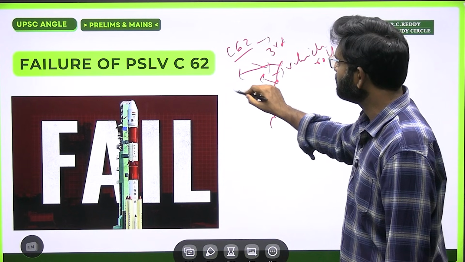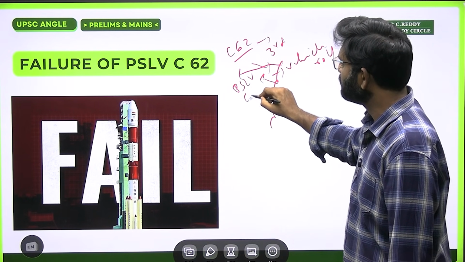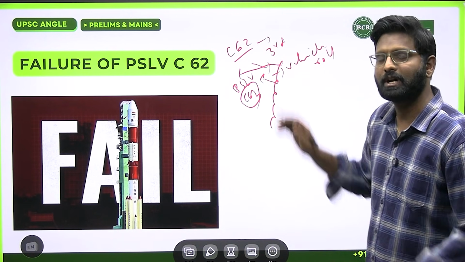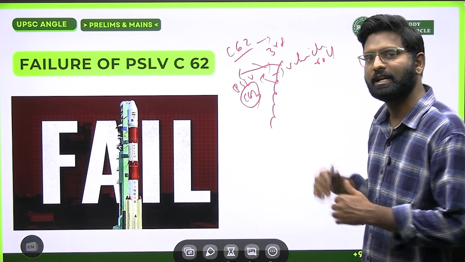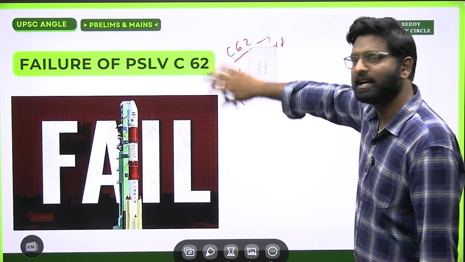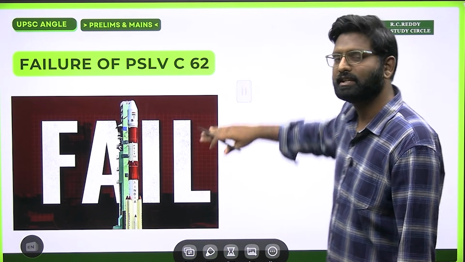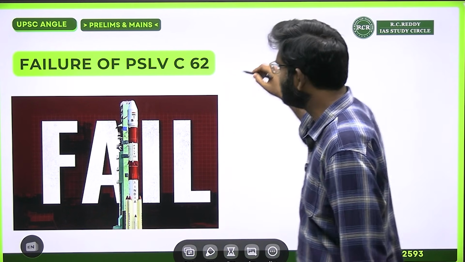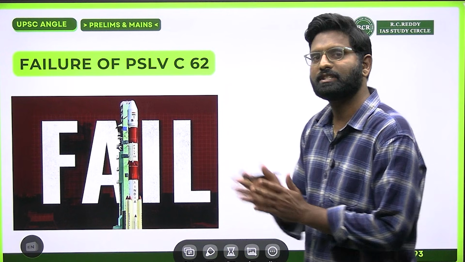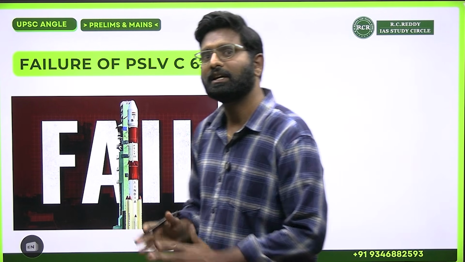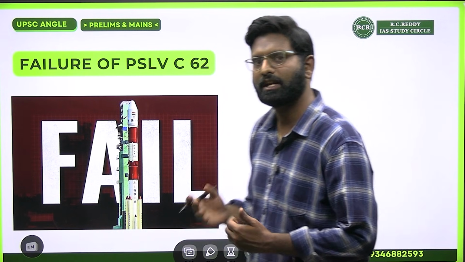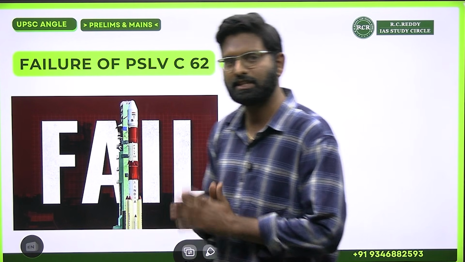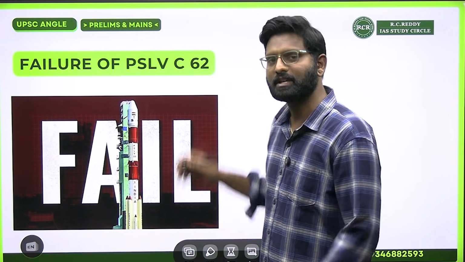In the 4th stage of PSLV C62, there are stabilizers, but these stabilizers could not protect against this abnormal increase in speed, and this resulted in a change in the path of the satellite. The satellite should be moving in the intended trajectory, but it deviated from this trajectory. That resulted in PSLV's failure. So consecutive failures of PSLV, that is C61 and C62, are a cause of concern.